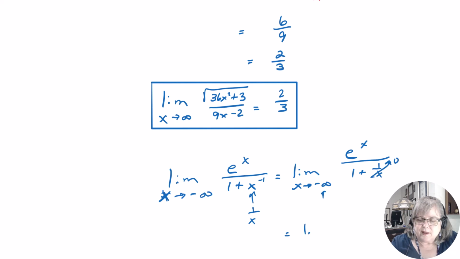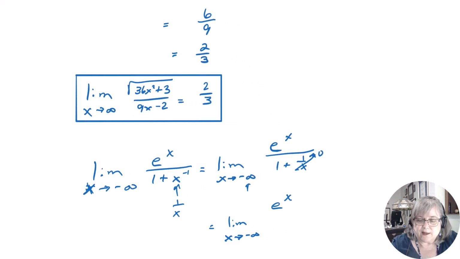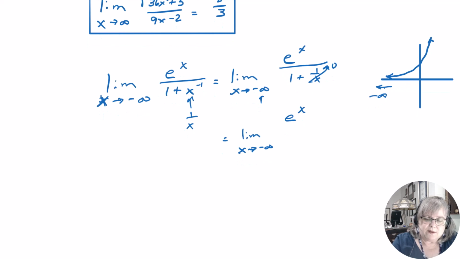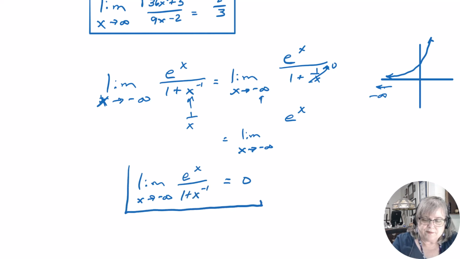So I have limit of e to the x over 1 plus 0, which is e to the x. Now, what is e to the x doing? E to the x looks like this. So e to the x is, as you go to negative infinity, getting closer and closer to y is equal to 0. So the answer to this one is 0, because that's what the y value is approaching as x gets farther and farther in the negative direction.